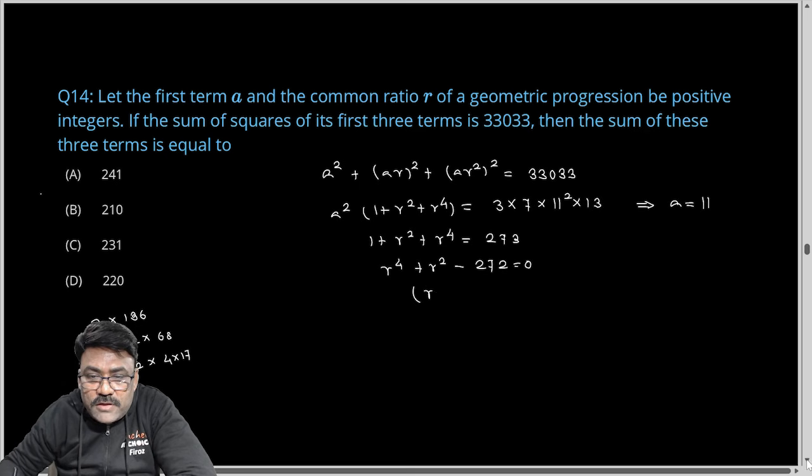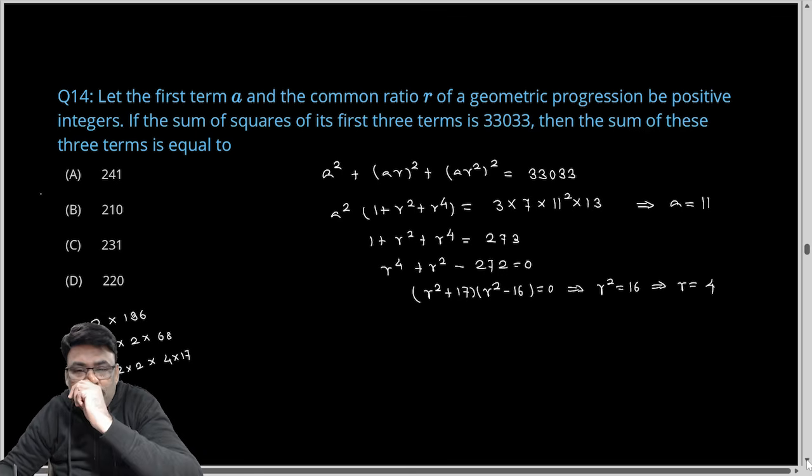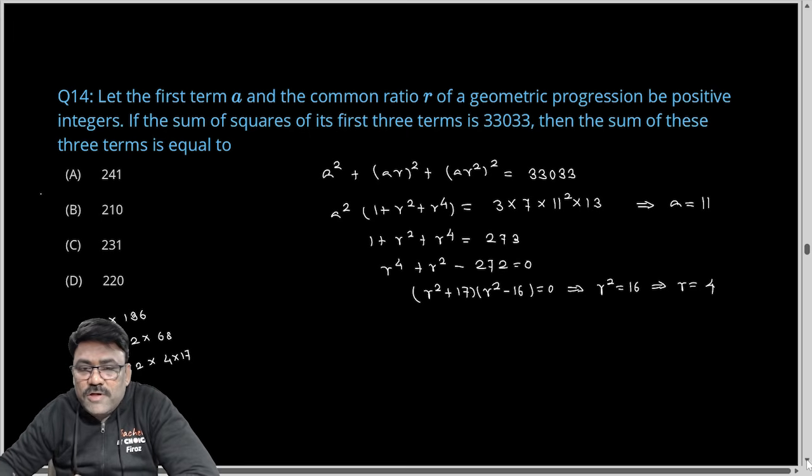So it can be factorized as (R square plus 17)(R square minus 16). But R square equal to minus 17 is not possible. So R square is 16 here, R is 4. You take the positive value of R because all terms are positive.